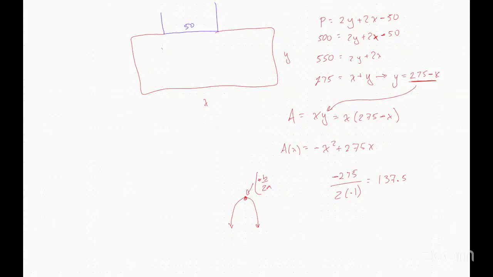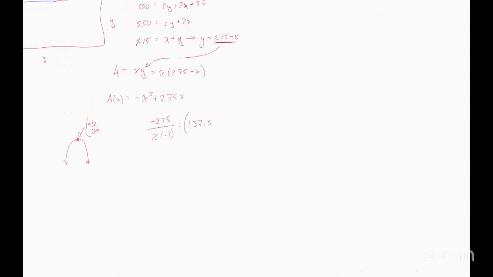So use the store button for x in your calculator, and then type in negative x squared plus 275x. And you'll get the max area, which is 18,906.25. They probably asked for the dimensions, didn't they?